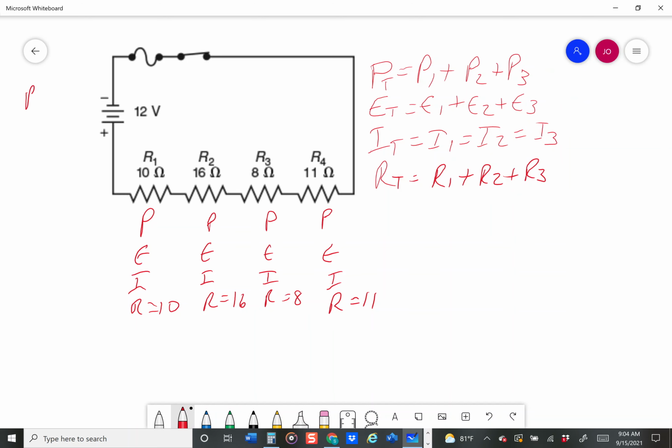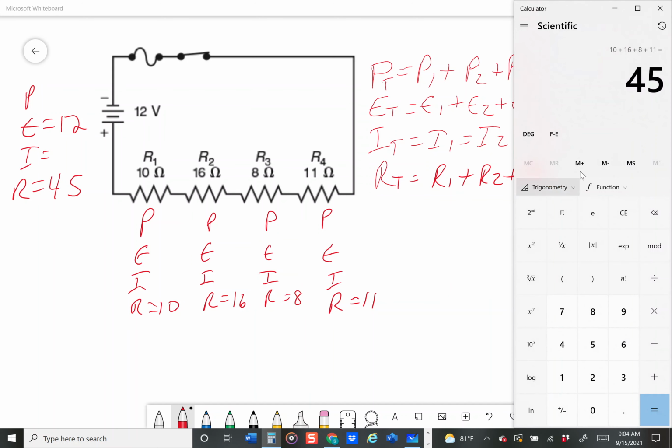So I'll bring that up here to my totals. With a source voltage of 12. So if we remember in PIER, we take our E of 12 and we divide it by our R of 45. So I will take 12 and divide it by 45, and that is going to give me a value that's a little small for you.